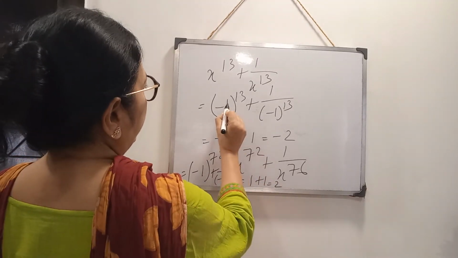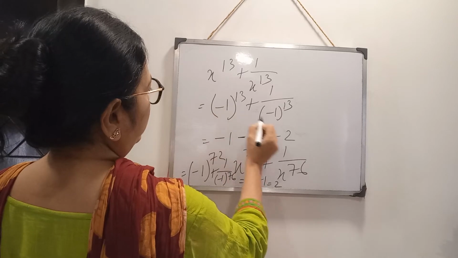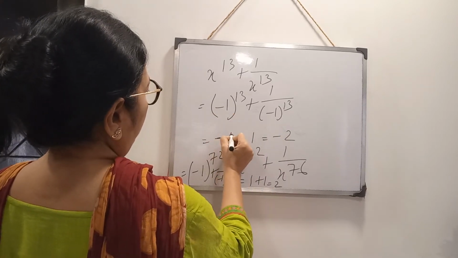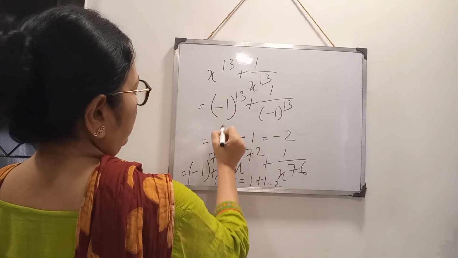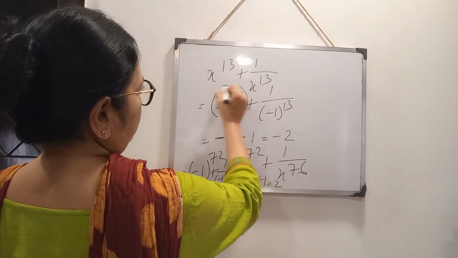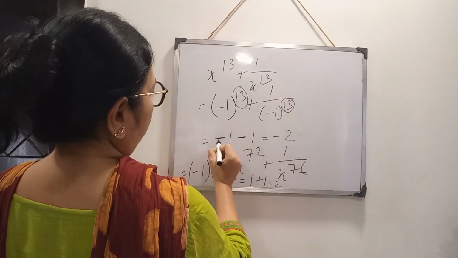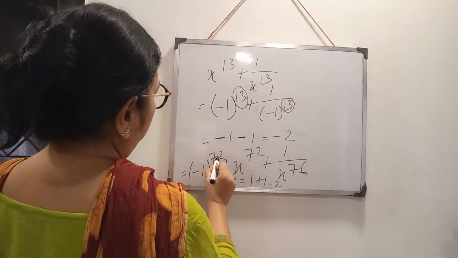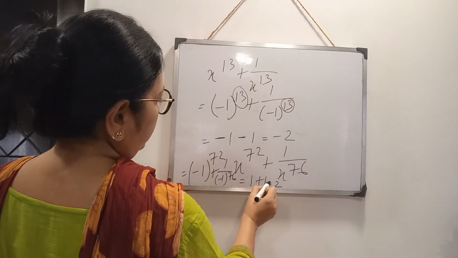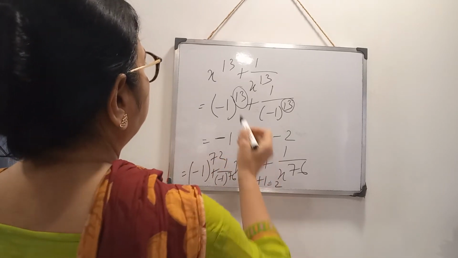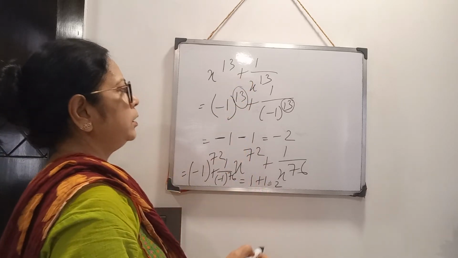So if negative, be careful. If the base is negative and the power is any odd number, then the sign will come negative, and if the power is an even number, then it will be positive. Now here it is given x to the power 13.